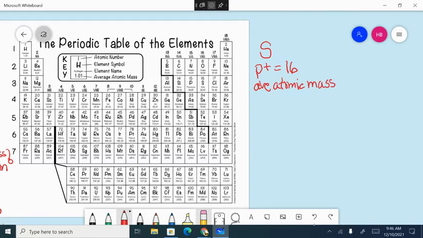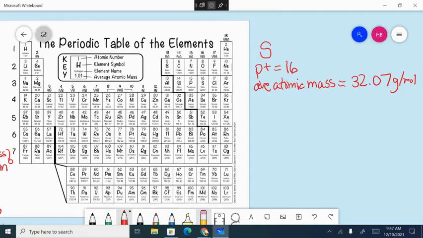We read that right off the periodic table of the elements. And it says 32.07. That's how many grams you have if you have a huge sample, 6.02 times 10 to the 23rd atoms, which is a mole. You will have a tiny pile in your hand that has a mass of 32 grams.